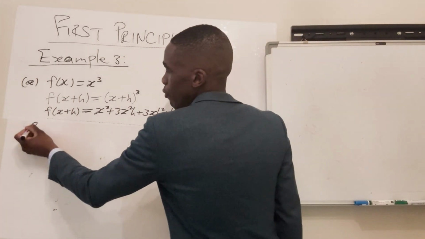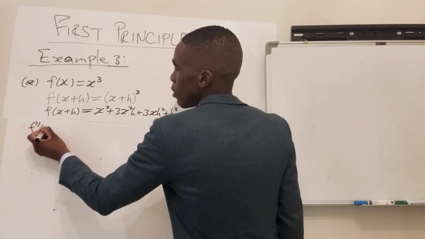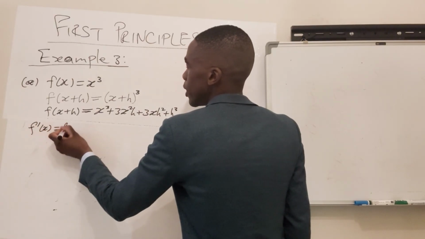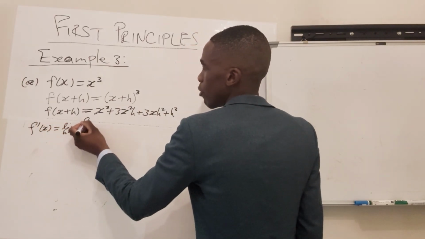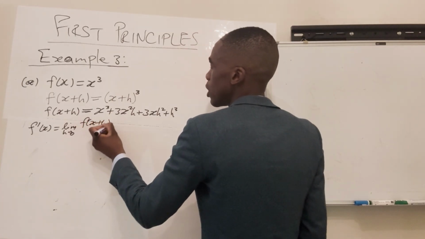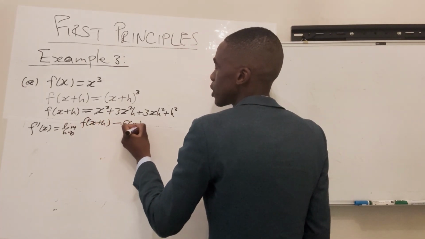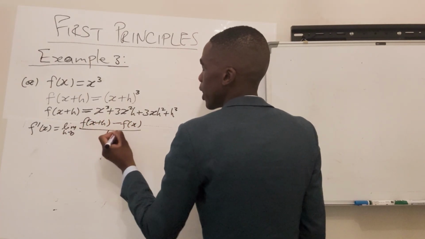Therefore, if you have to go to first principles now, the limit as h approaches 0 of f of x plus h minus f of x, all divided by h.